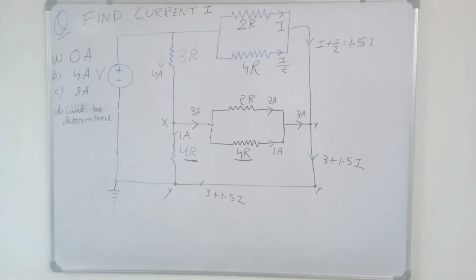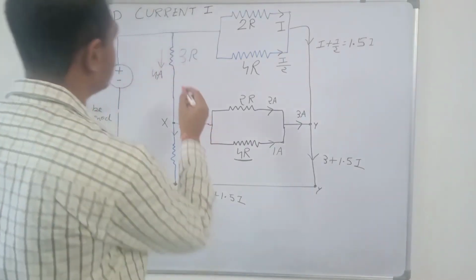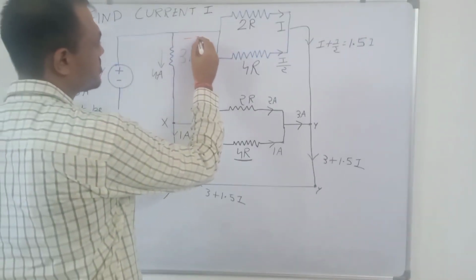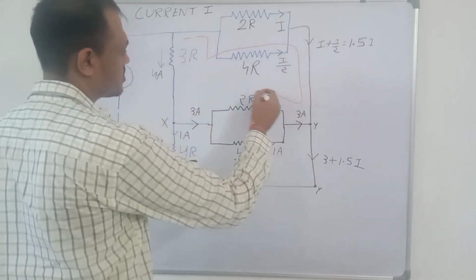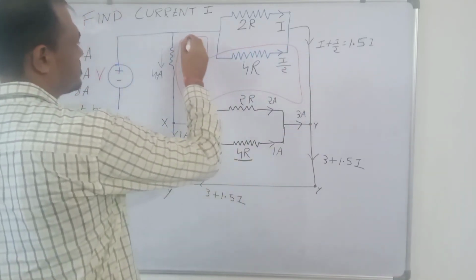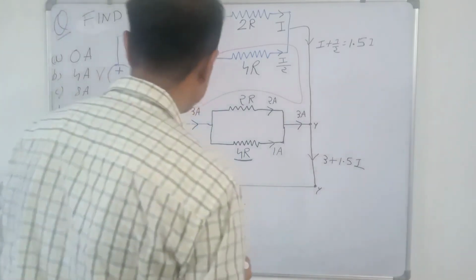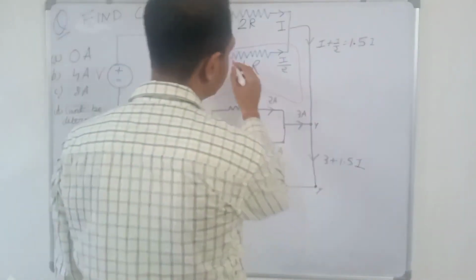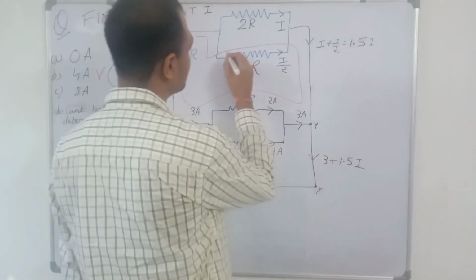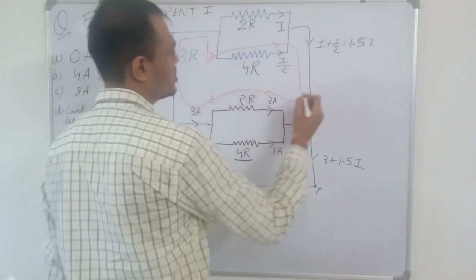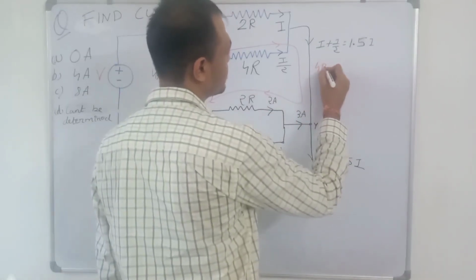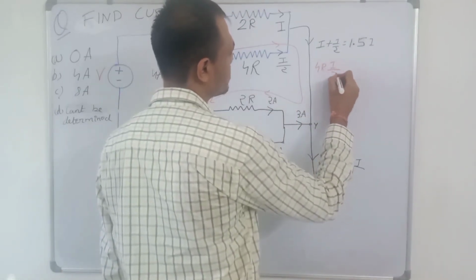So we apply the Kirchhoff's voltage law in this loop. So what we get is 4R into, I am going from here to here, so 4R into I by 2.